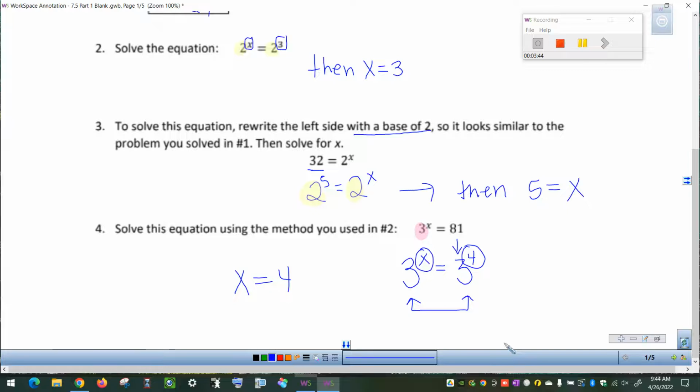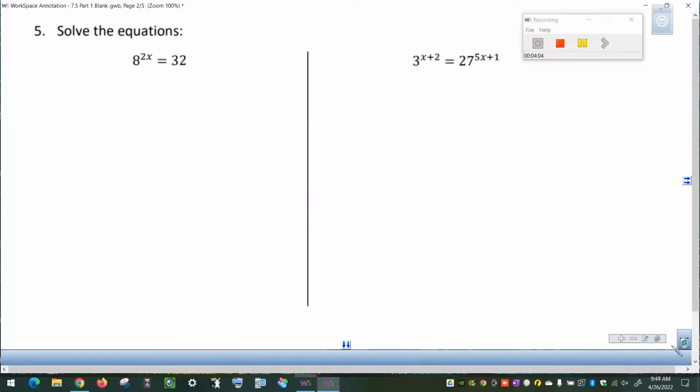All right, so those were some pretty simple examples of using the same base method. The situation can get a little bit more complex, so we're going to continue looking at 2 more examples that utilize this idea. So looking at something like 8 to the power of 2x equals 32.